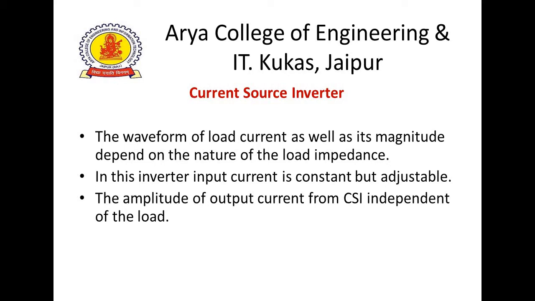The waveform of load current as well as its magnitude depend on the nature of the load impedance. The amplitude of output current from the current source inverter is independent of the load.